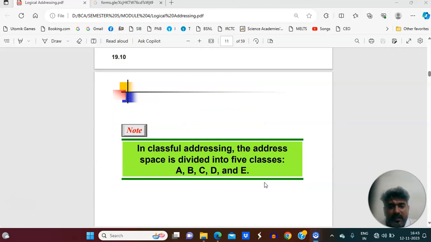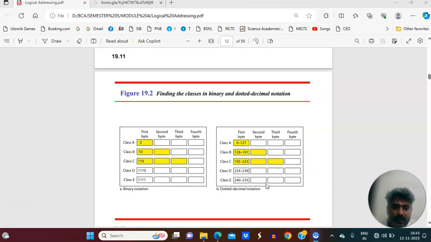In classful addressing, the address space is divided into 5 classes: A, B, C, D, and E. In class A addressing, the most significant bit of the first byte, as you can see in the figure, is fixed to 0, which means a class A address will have the first byte from 0 to 127 only.